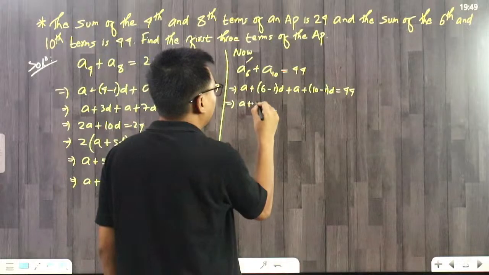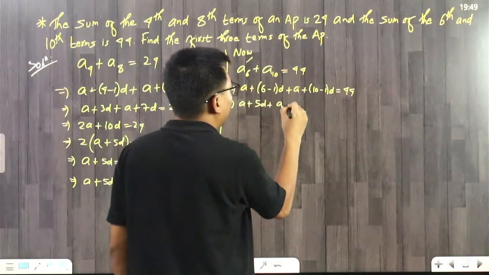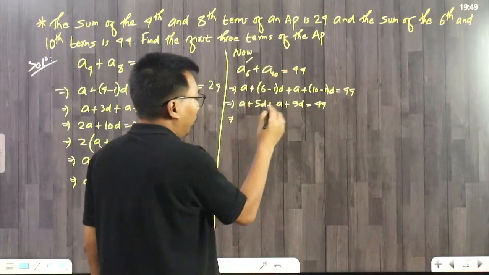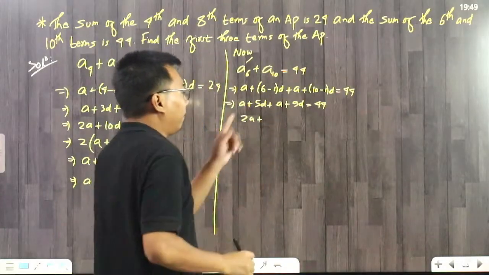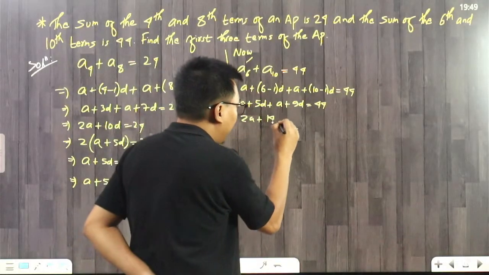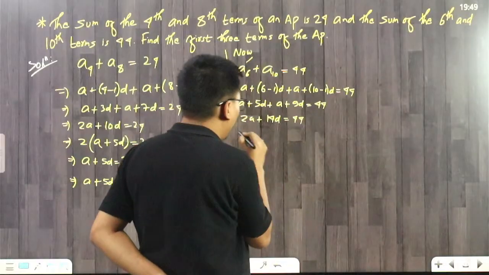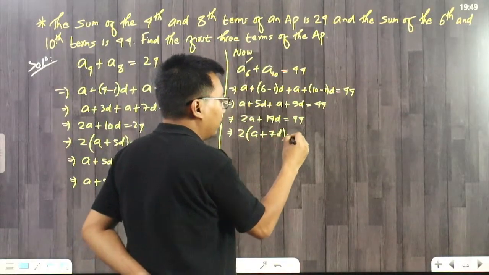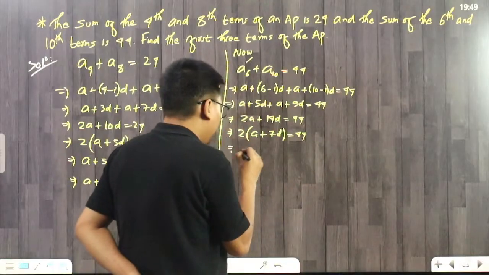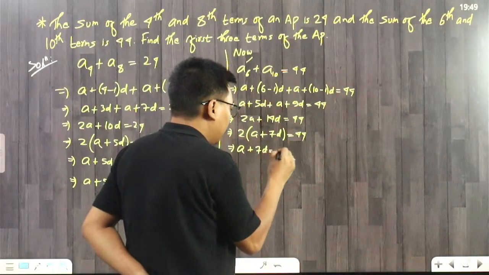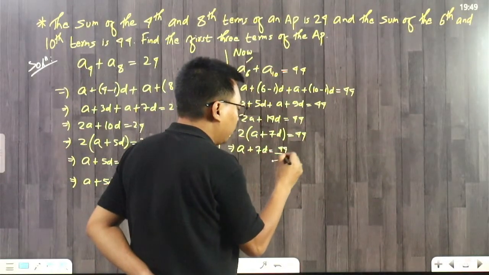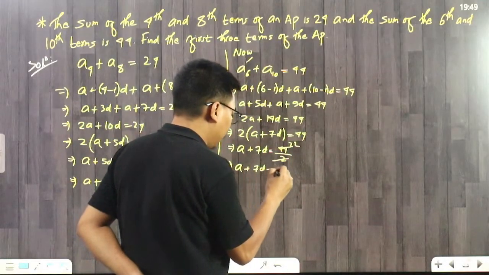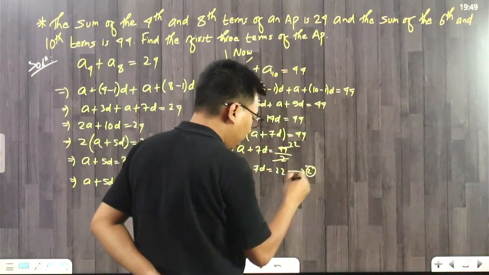So A plus 5D plus A plus 9D is equal to 44. A plus A is 2A, 5D plus 9D is 14D, equal to 44. Again, we can take 2 common here. We get A plus 7D is equal to 44 divided by 2, which is 22. So A plus 7D is equal to 22, which is our equation number 2.